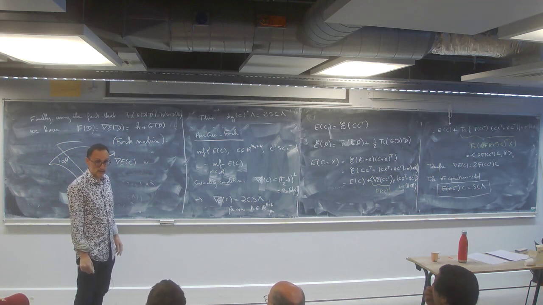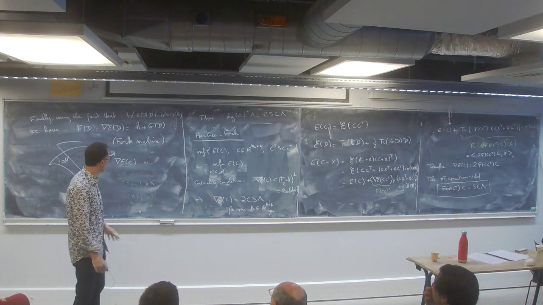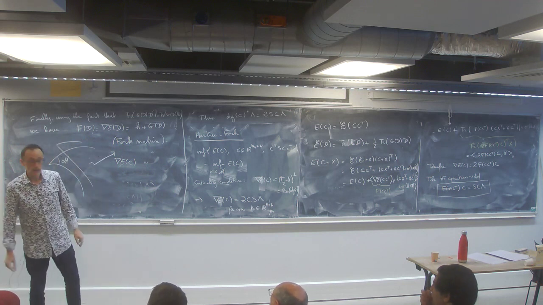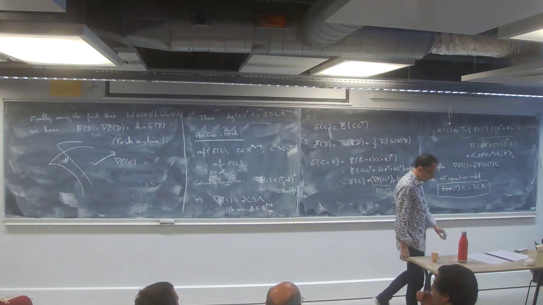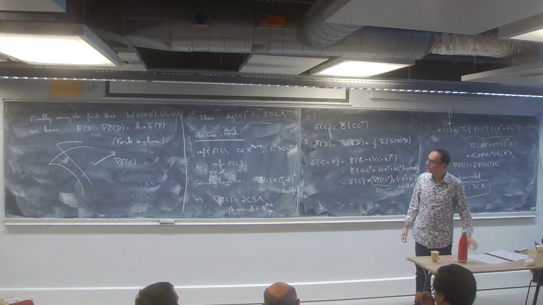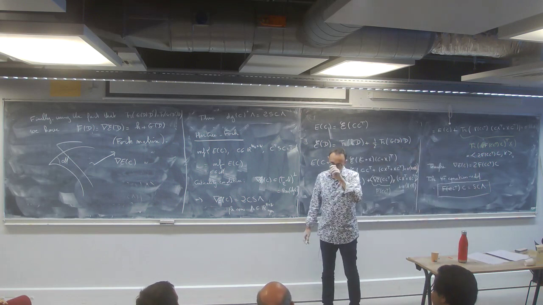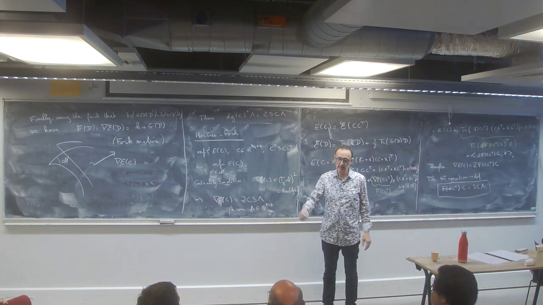It's exactly the second. I don't have the time, but maybe next time I can explain why, if you have these conditions, then you are sure that you have a local minimum. It's not difficult. You just have to expand at the second order F and G.